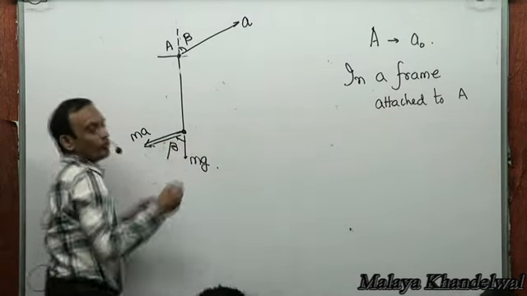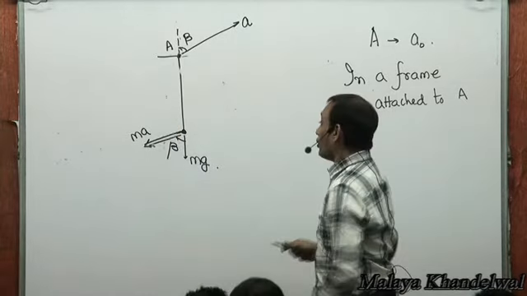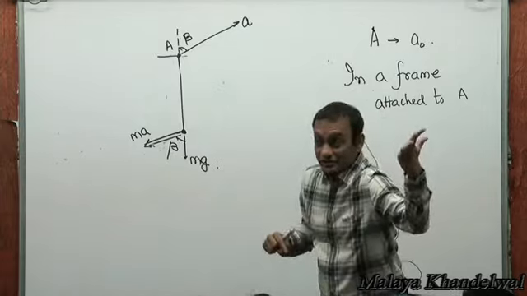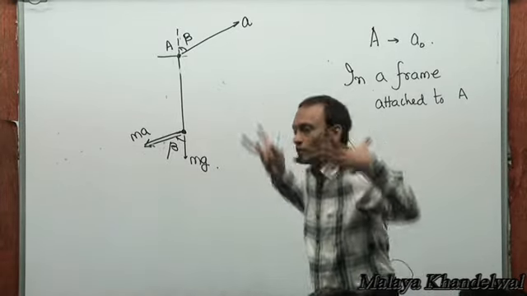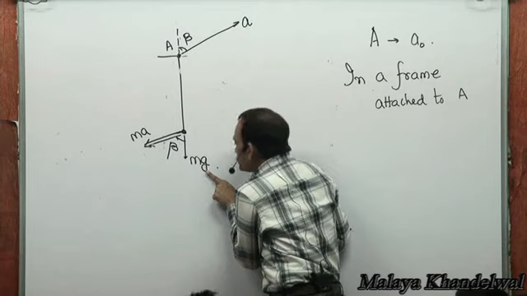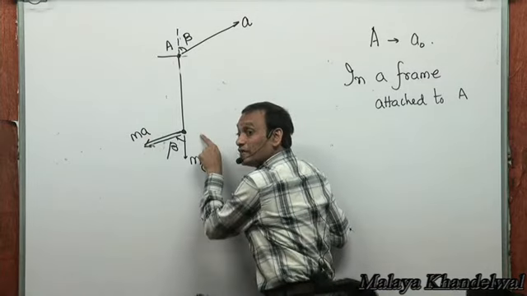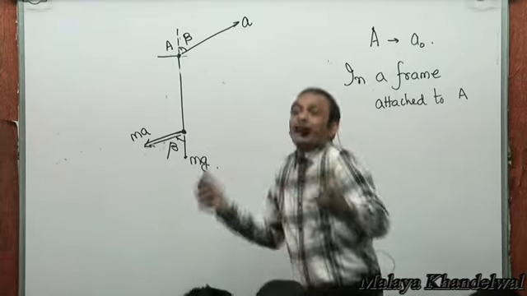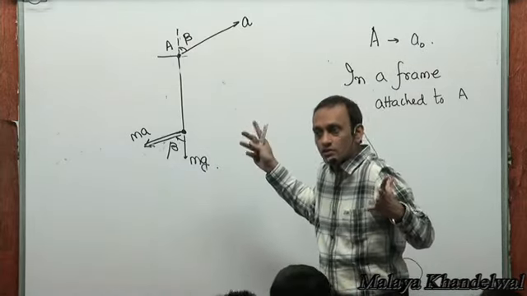The effective g was g earlier. Now the effective g for this situation would be the resultant of this g and this a. g would get revised.